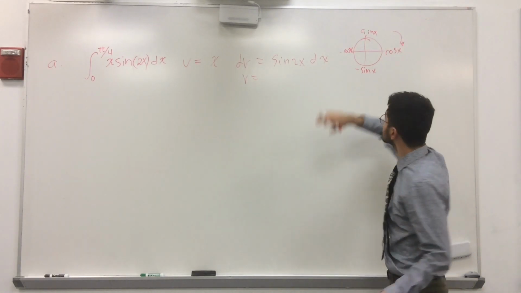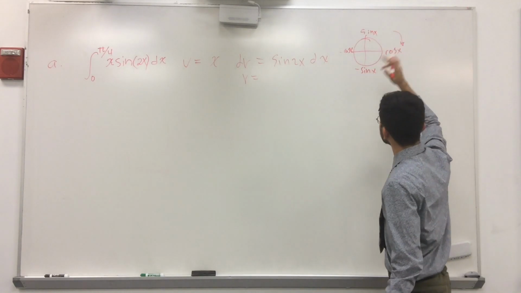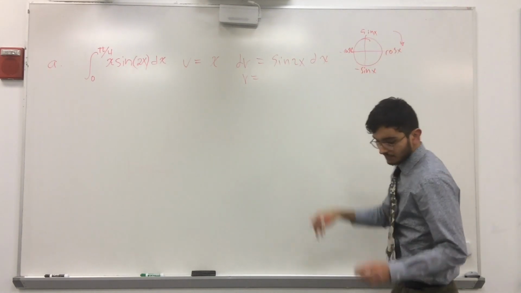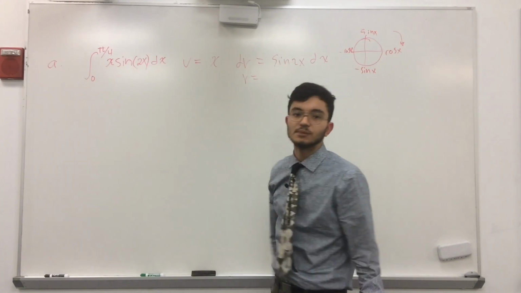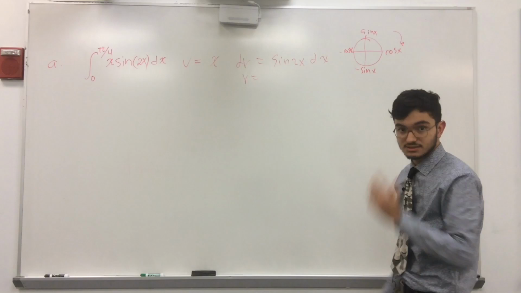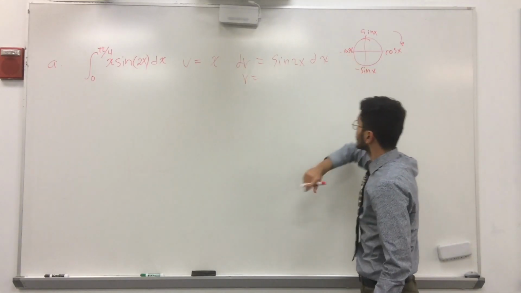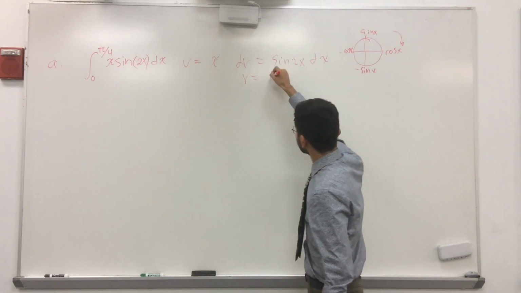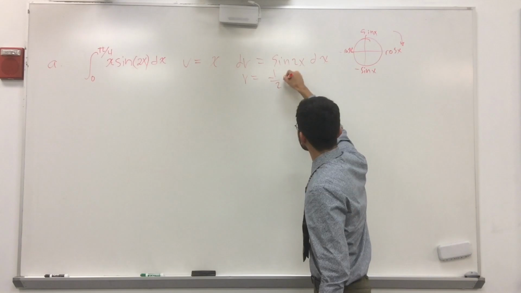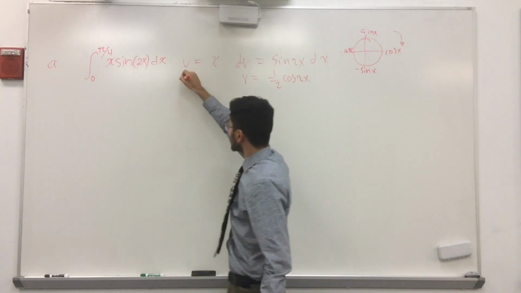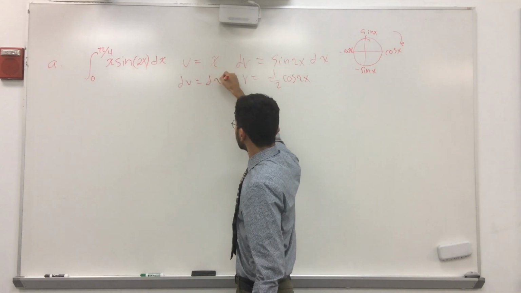So if we differentiate once, we go from sine to cosine, and if we integrate, we go from cosine to sine, and so on. This is a pretty cool trick to remember on your exam, so that you don't have to rely on pure memorization. So the integral of sine is negative cosine, but of course, we use the chain rule, so we have negative 1/2 cosine of 2x. This is our v, and of course, our du is just dx.